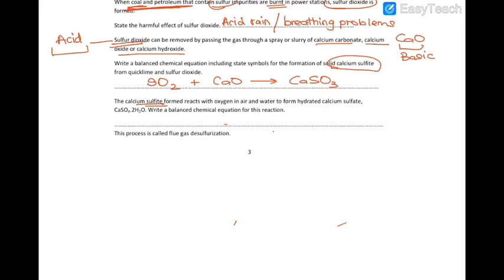And the calcium sulfite formed is going to react with oxygen in air and water. So calcium sulfite formed will react with oxygen and water to form hydrated calcium sulfate. That's the formula, CaSO4 dot.